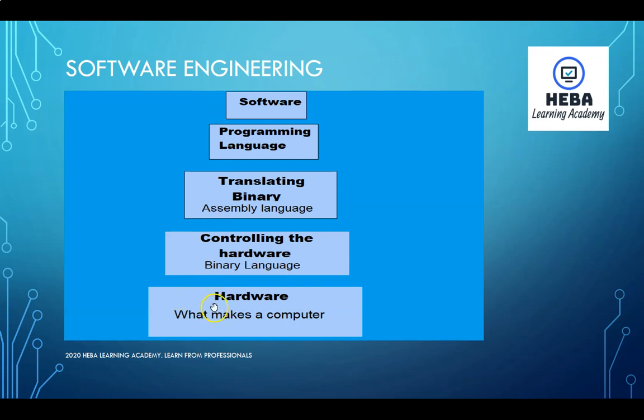Then we go one step higher, where we will learn how we actually control the hardware. And for that, there's something called binary language. This would be a very brief introduction because binary is kind of difficult to understand for human beings. This is a machine language.